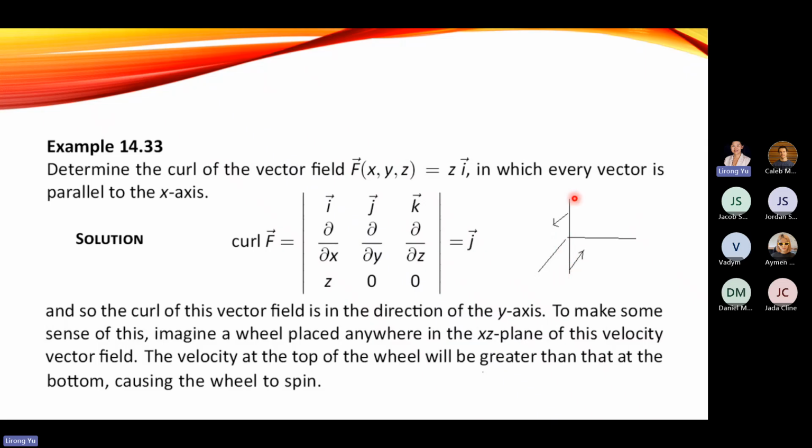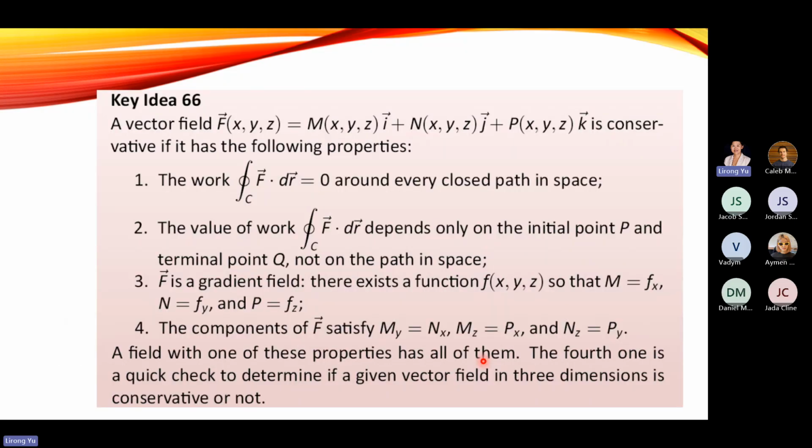But it's the x component, so it's a rotation parallel to the y-axis. If you follow the trend, the flow is going this direction, and here it's going that direction. That's what we mean by the spin being parallel to the y-axis. That's the curl.